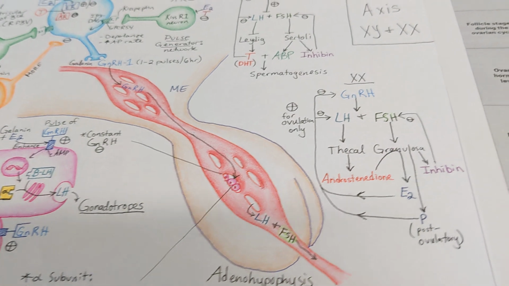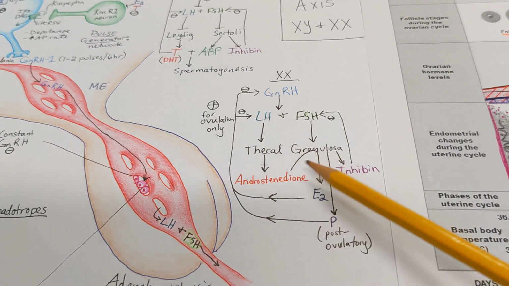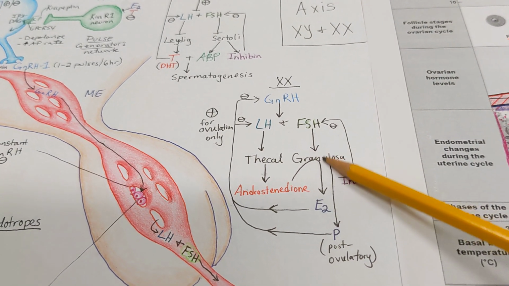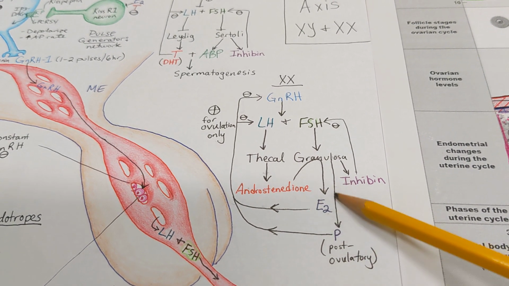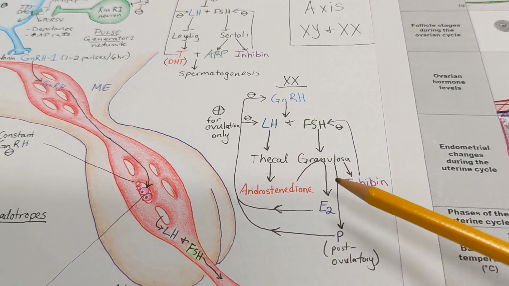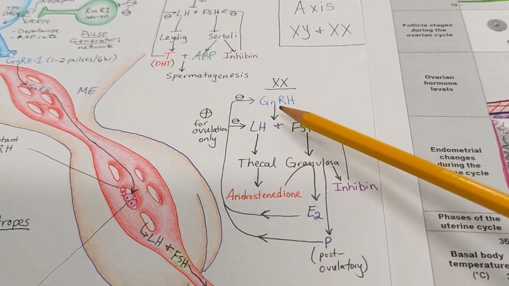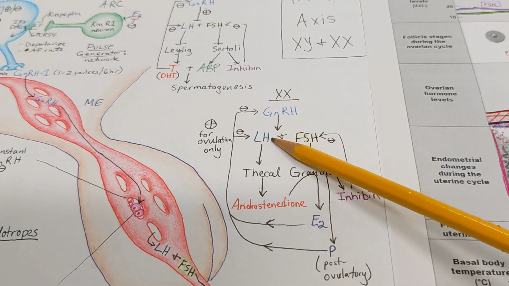In response to LH and FSH, the follicle cells within the ovary are going to together be able to synthesize and secrete into the blood estrogen, E2 estradiol, which usually has a negative feedback farther upstream on the hypothalamus and anterior pituitary gland.